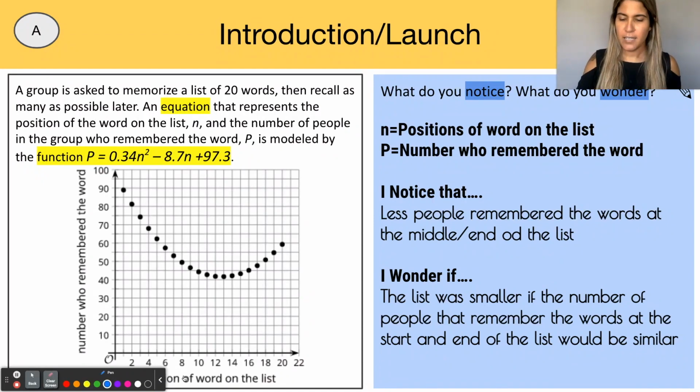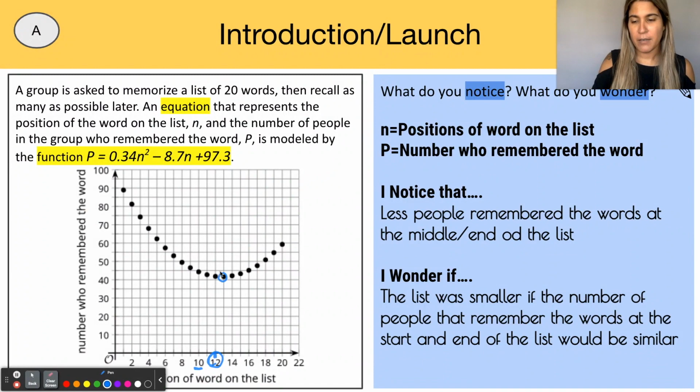If the list has 20 words, the middle is 10, but around word 12, not a lot of people were remembering those words.